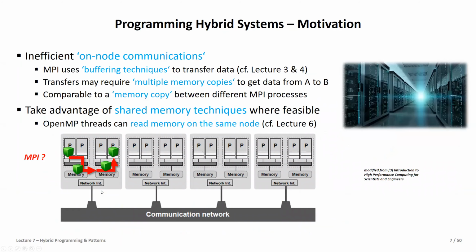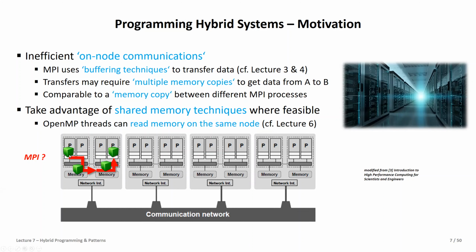So, starting with hybrid programming: from the previous lectures, you already understand a little bit more what shared memory programming means. We learned that on-node communication with message passing doesn't really make sense, because you remember in MPI we always had a send buffer and then a receive buffer to transfer data. That means we had to copy the data.